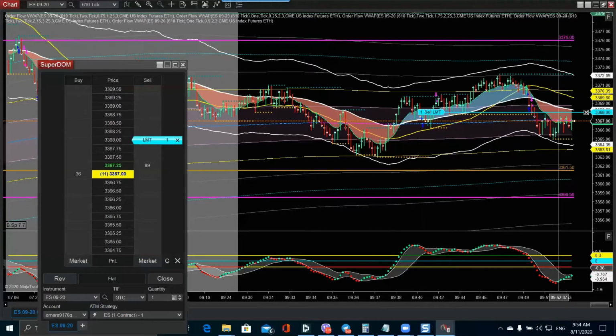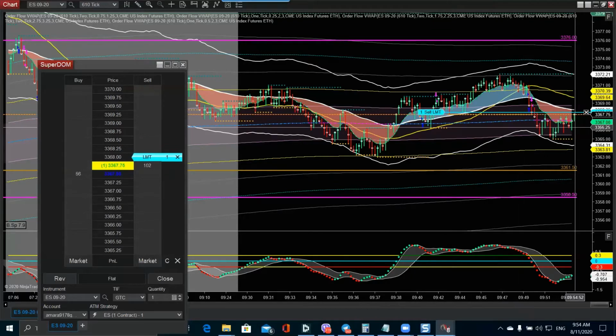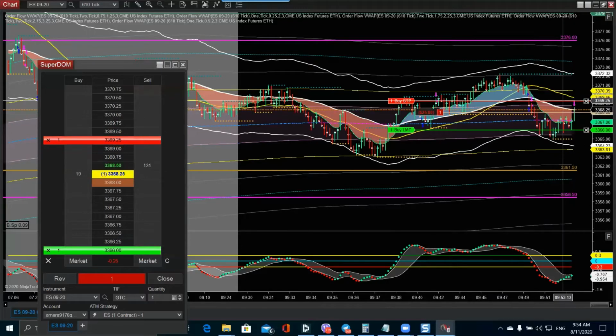Still below the -3, it's setting up for a V1. As you can see here, it's kind of forming a support, right? But we're still getting some lower.